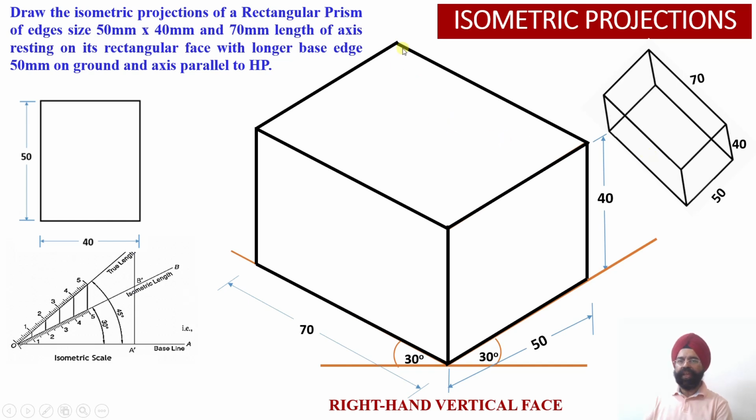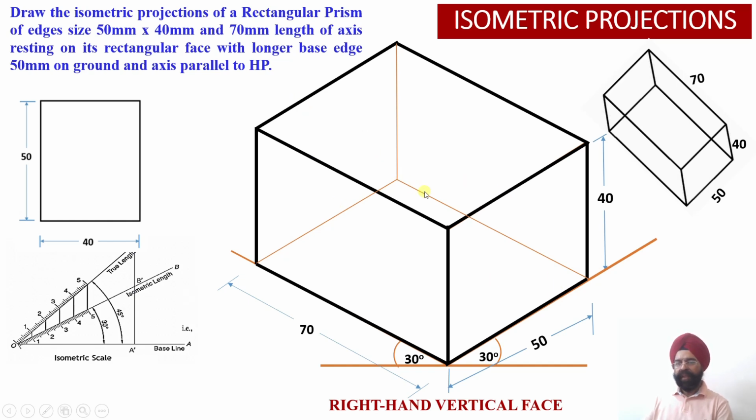In order to show the hidden edges, now I can draw one vertical edge equal to 40 millimeter length. This edge will be parallel to the y-axis and these two edges as well. Similarly, I will draw this edge parallel to the z-axis. This is my z-axis, and this edge will be parallel to this one and this one.